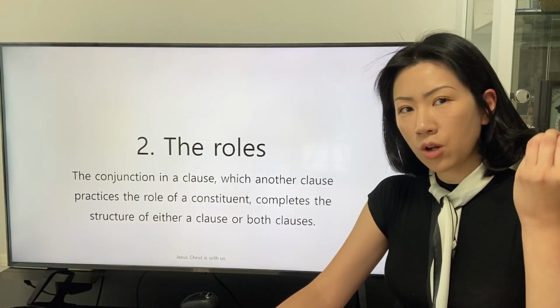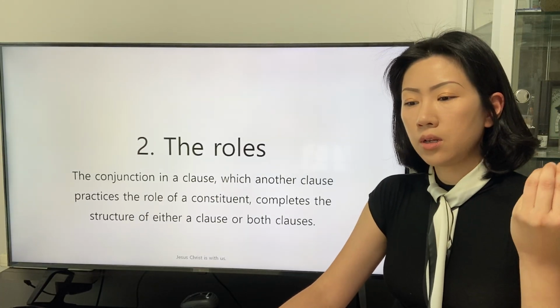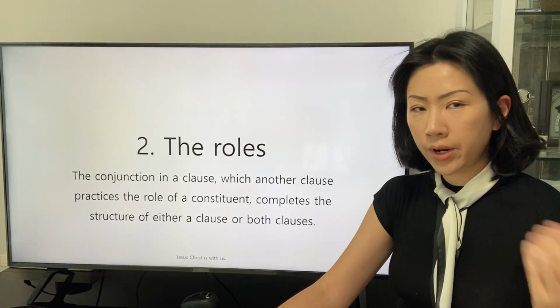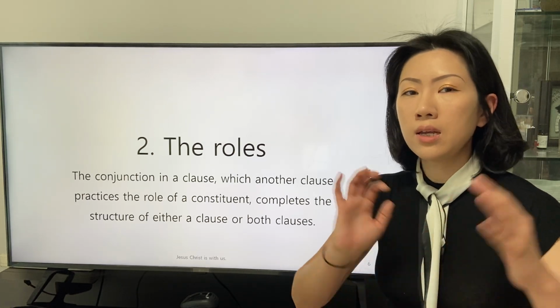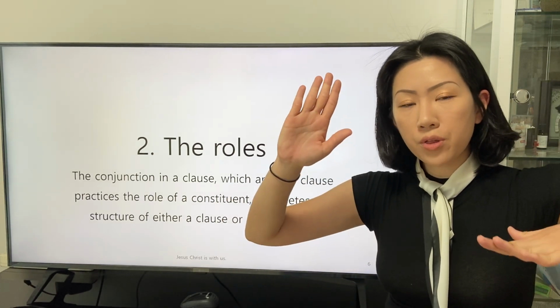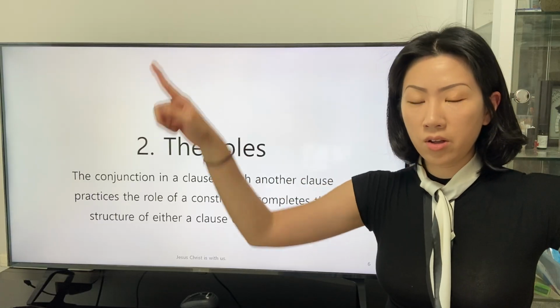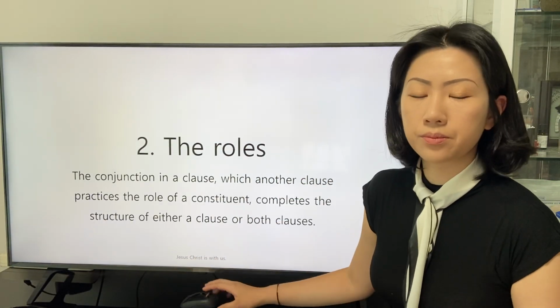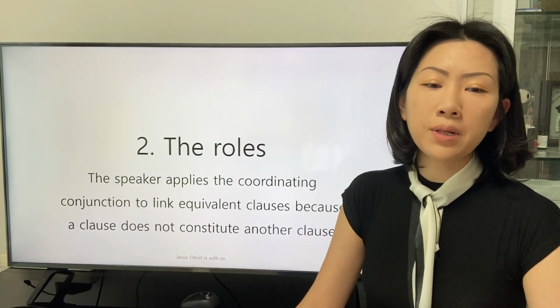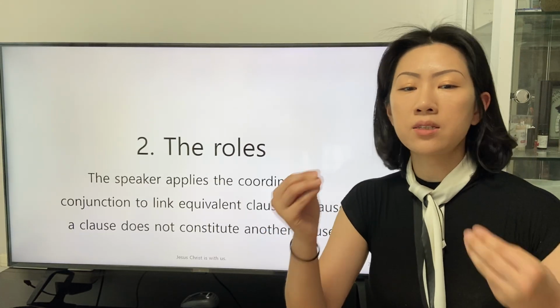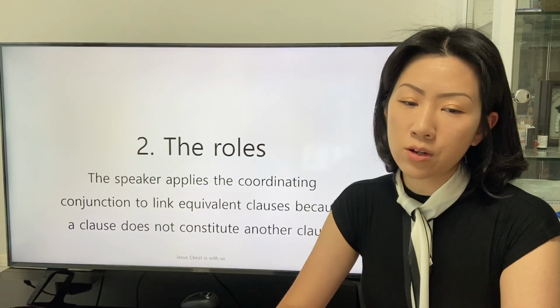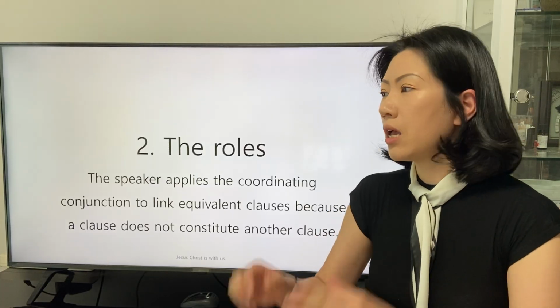And the other conjunction, which is the coordinating conjunction, completes both clauses in a sentence. The speaker applies the coordinating conjunction to link equivalent clauses because a clause does not constitute another clause.